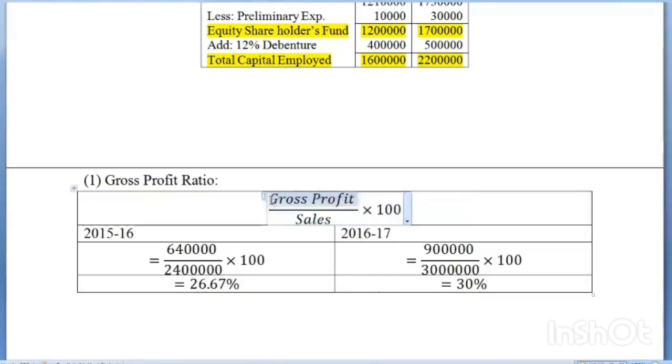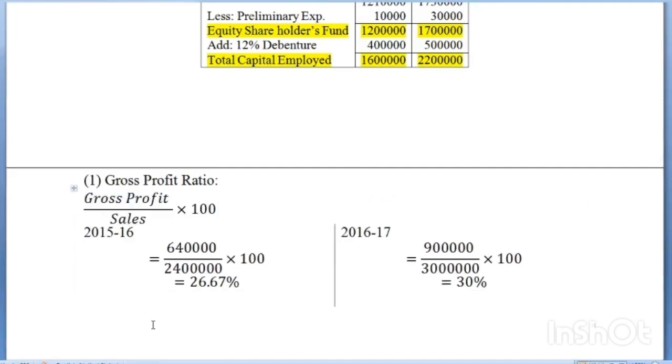So this is your calculation, and only calculation is not enough. Apart from this calculation, you must also give your comment. So how to give the comment? Let's see. In comparison with the previous year, the gross profit ratio has increased, and as the gross profit ratio has increased, it shows that the overall profitability of the company has increased.